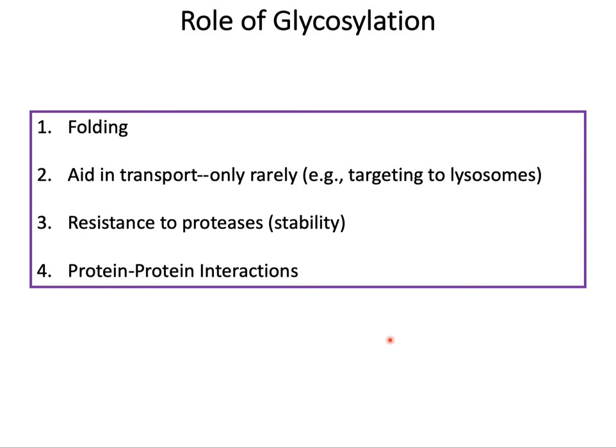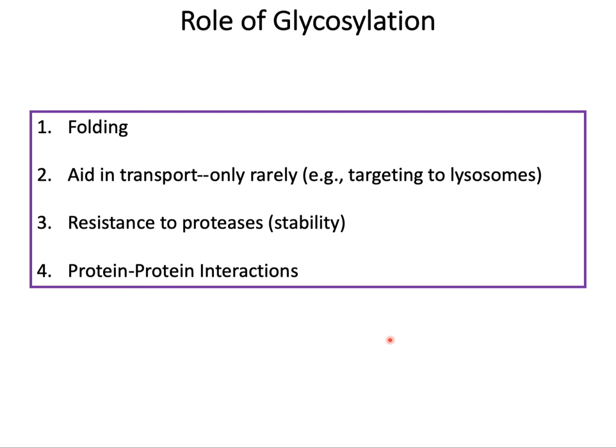Do they aid in transport? Only very rarely do they act as signals to the transporters in different parts of the cell, except in the case of lysosomal targeting. There are sugar modifications that we'll talk about in a future topic that actually help these glycoproteins get into the right organelle, which is the lysosome.